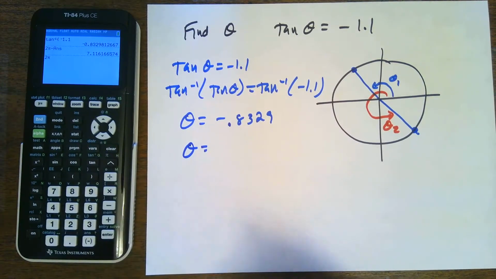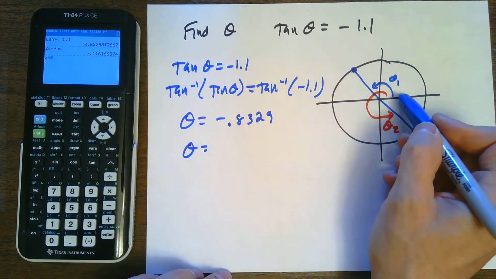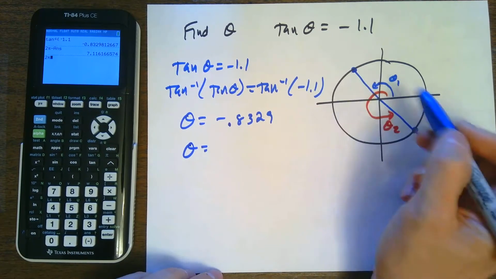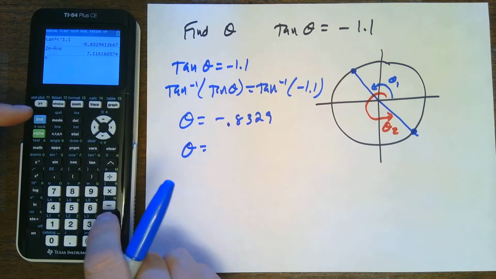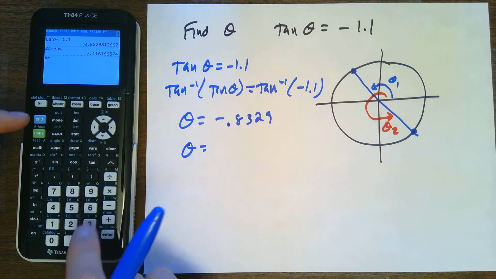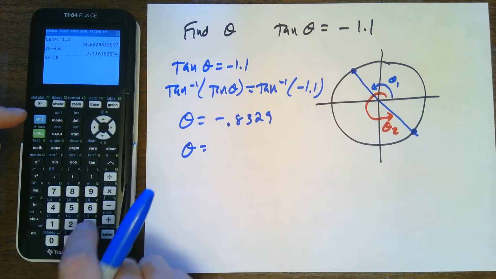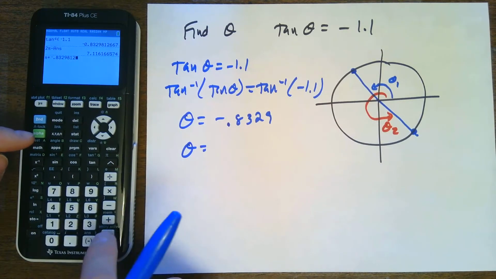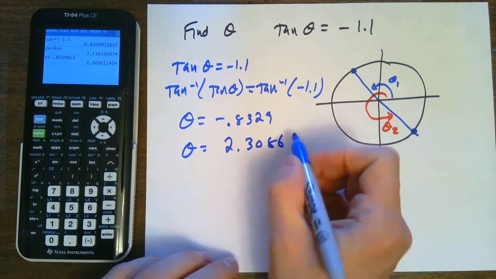Let's see, if I do pi plus that angle, that'll do it for me. So pi plus negative 0.8329812, and so on. There we go, 2.3086.